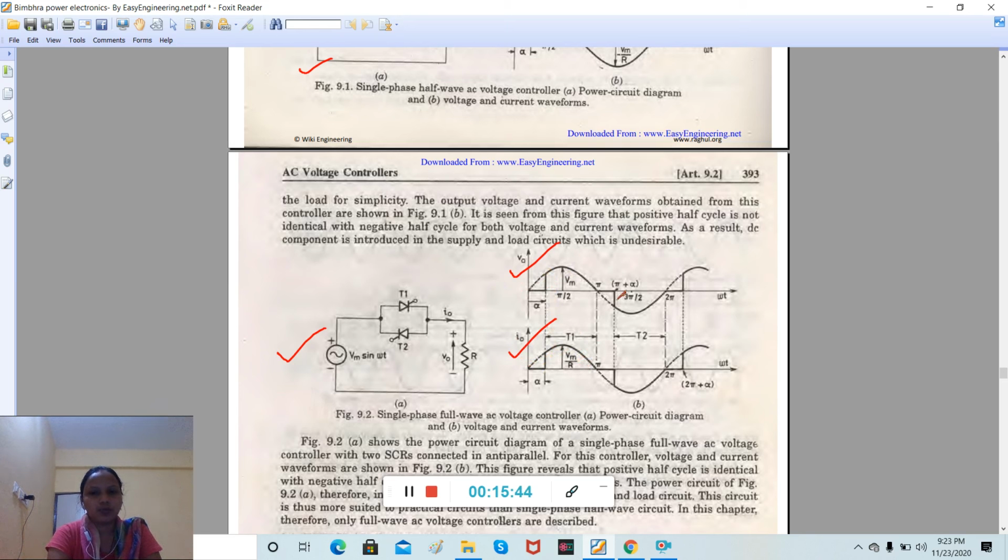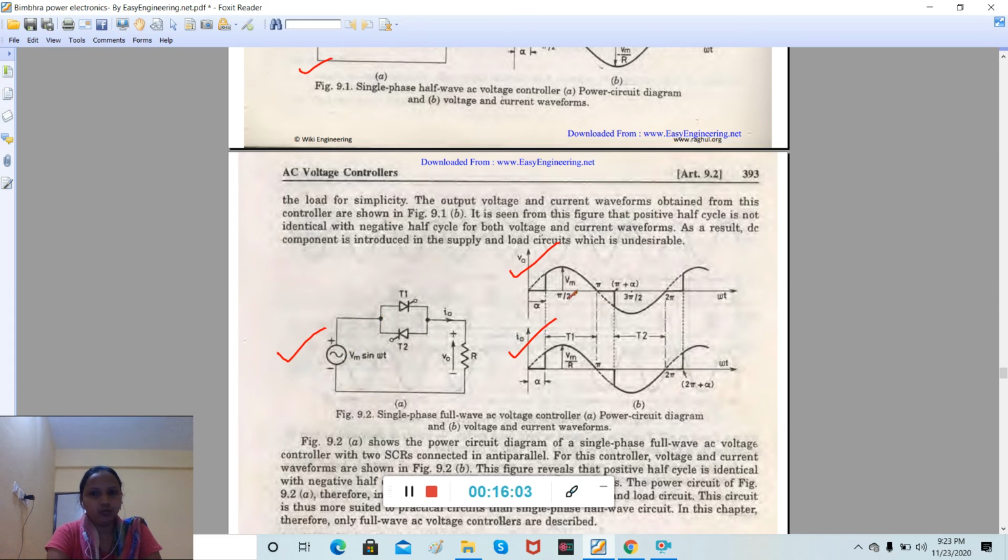When the positive half cycle is completed at an angle pi, thyristor T1 is reverse biased, and hence T1 is turned off. At the same time, thyristor T2 is forward biased at angle pi when the negative half cycle appears across this point.